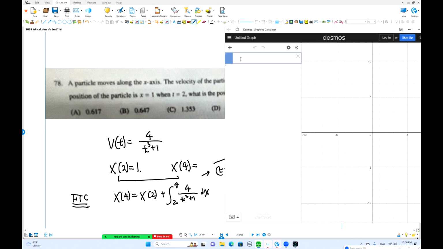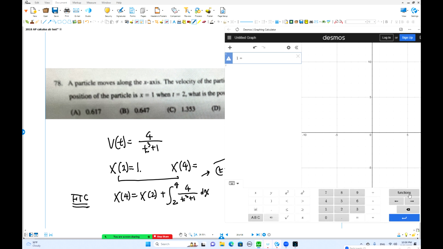I'm going to put this number. x at 2 is 1, right? 1 plus the integral. Take the integral over here. You know how to use your calculator to find the integral, right? From 2 to 4.